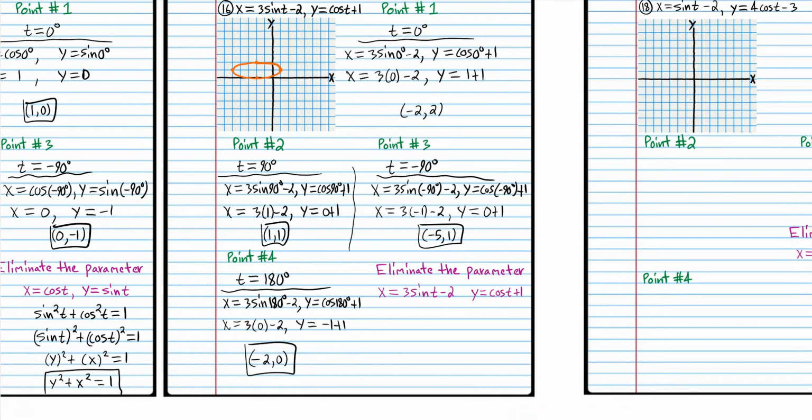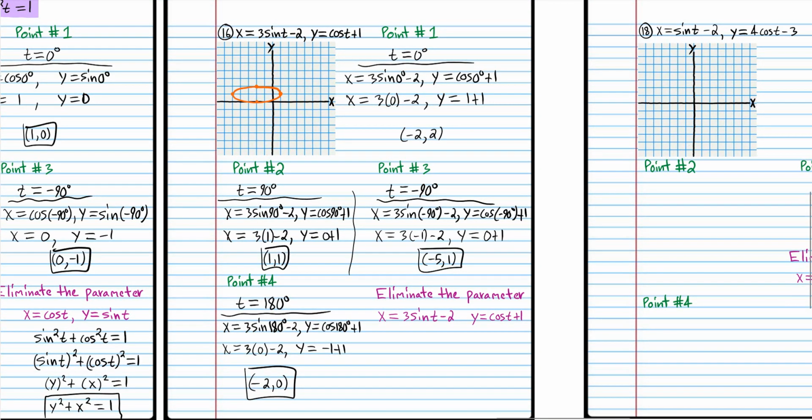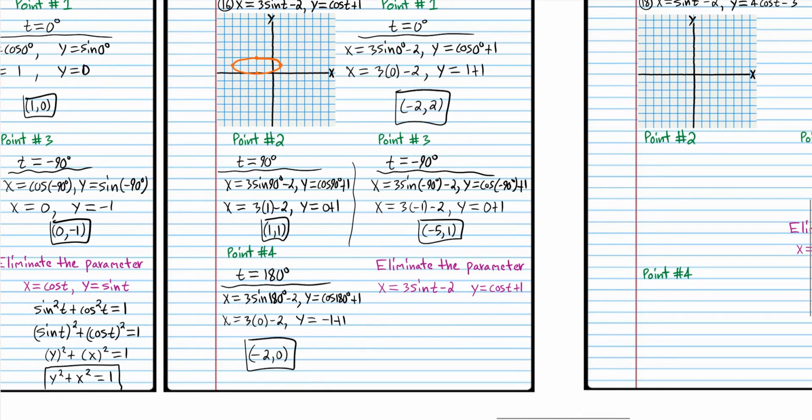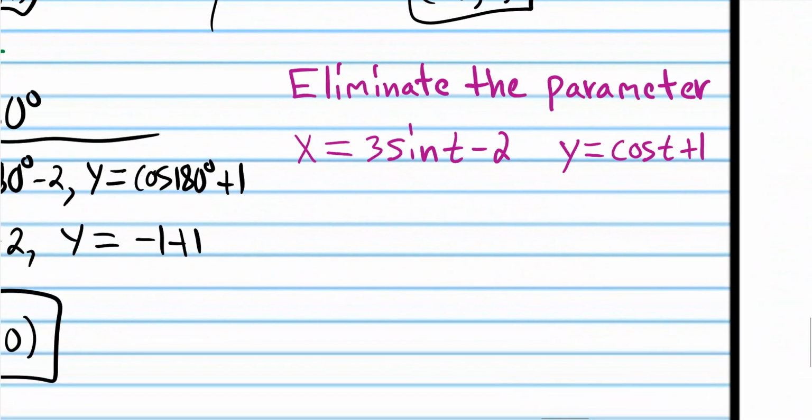All right, if you got that right, good job. So again, we have to use our special trick, our special identity, to eliminate the parameter. We know that sine squared t plus cosine squared t is equal to 1.